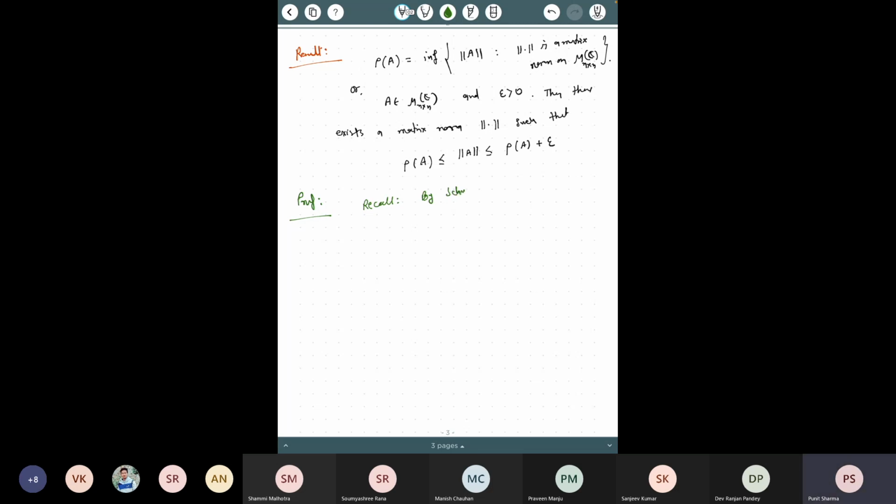So recall Schur's lemma. By Schur's lemma, for the matrix A given to us, there exists a unitary U of size n cross n such that A is equal to U star TU, where T is upper triangular.